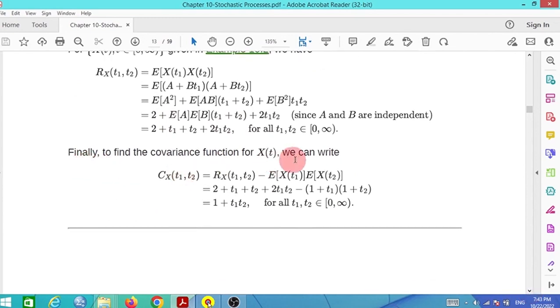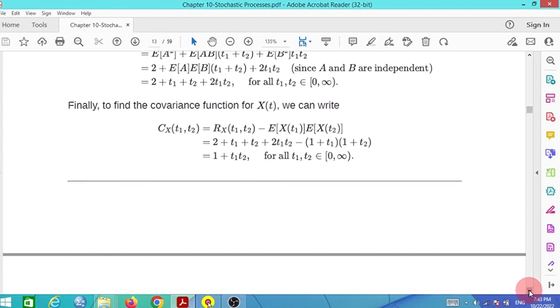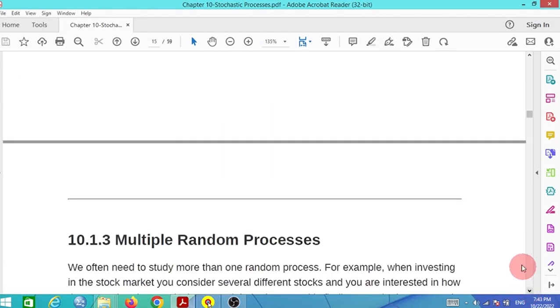Finally, the autocovariance is this minus this by definition. Replace the values and for simplicity reach this formula. This is the covariance function for example 10.2. Take a break and come back.